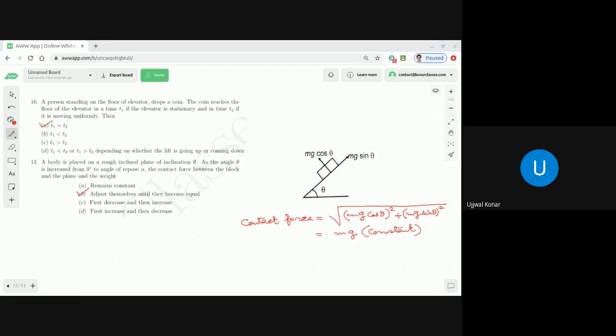In context to the problem, the body is not sliding. The frictional force is equal to mg sin theta. What will be the contact force then? That will be the resultant of these two, right? Obviously. And that resultant force is actually constant. Okay, sir.